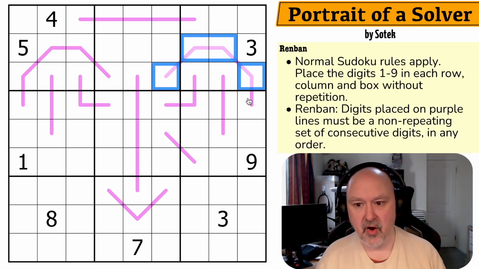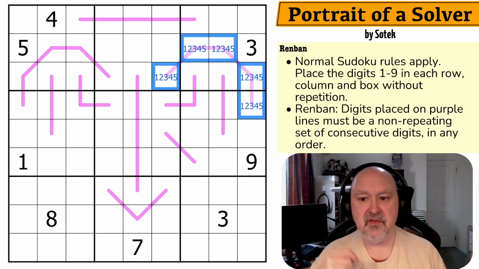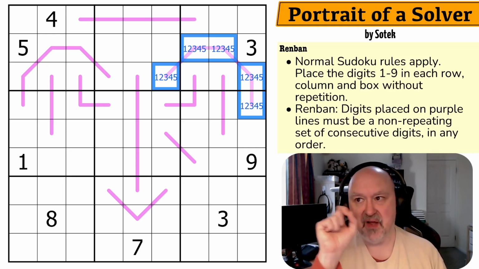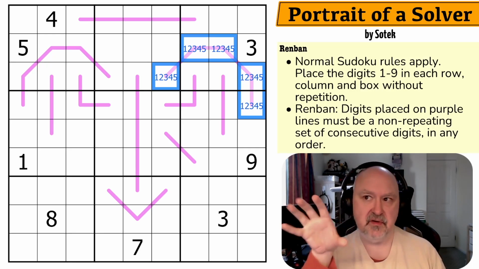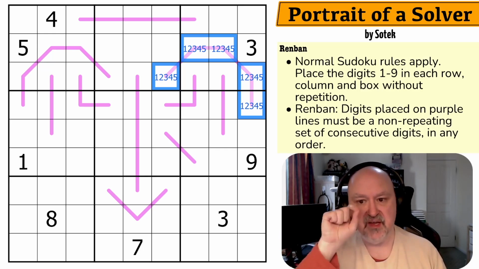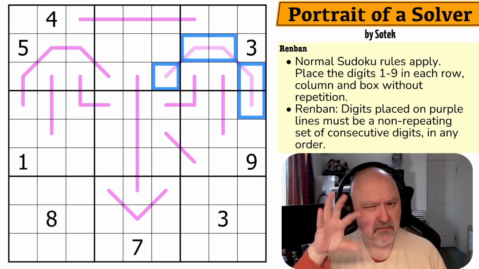And the longer the line is, actually, the more flexibility you've got. While the sets that they could possibly be are reduced because you've got a smaller range of digits, the flexibility of the digits that go on it grows.